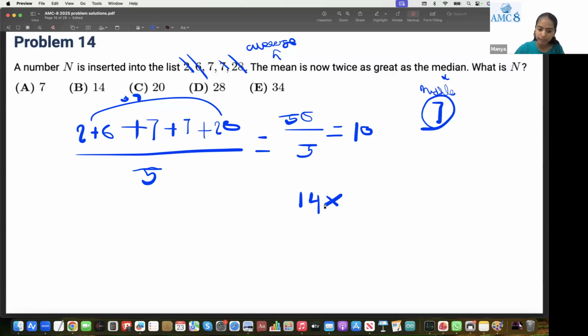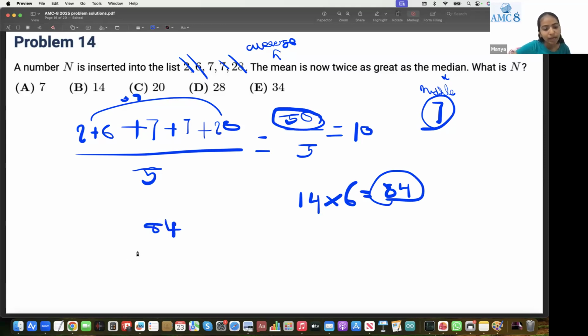So 5 plus 1 is equal to 6. 14 times 6 will be giving us 84. But now we have 84, and originally our total was 50. So to find out what n is, we would have to do 84 minus 50, which gives us 34, meaning that the number added to this list is 34.